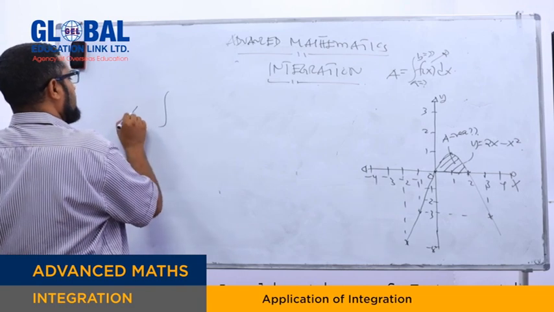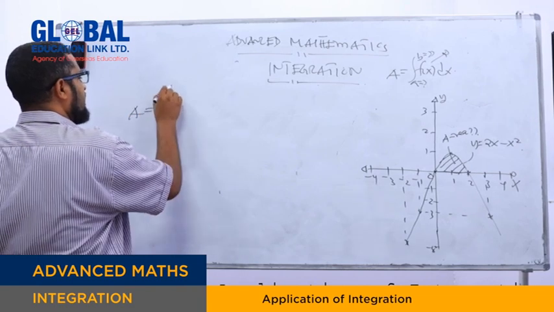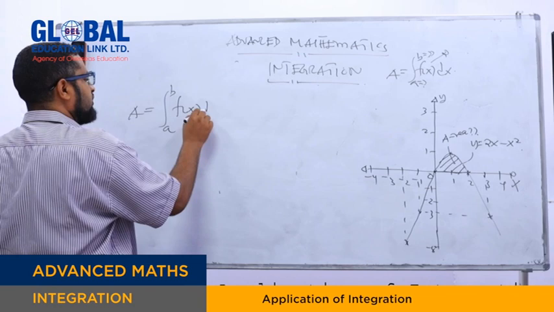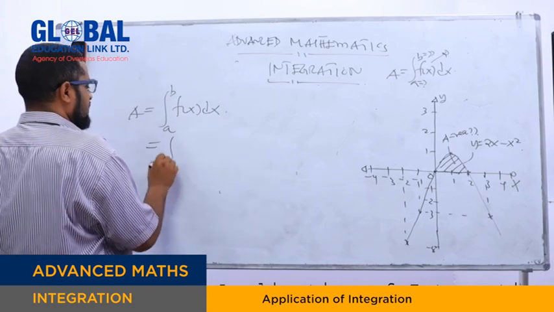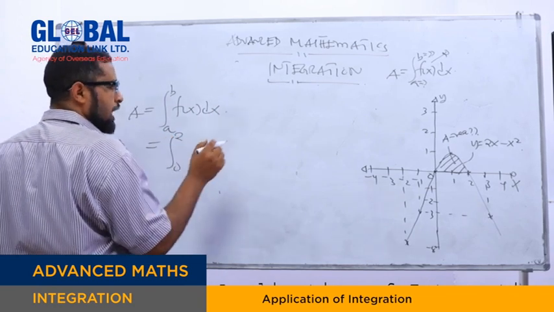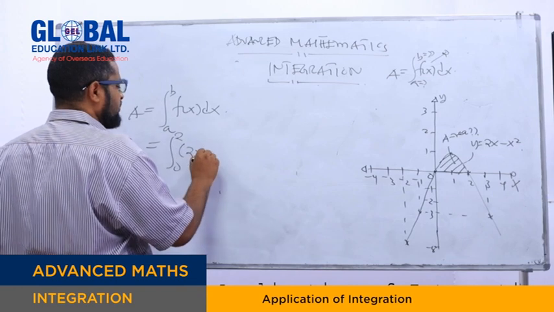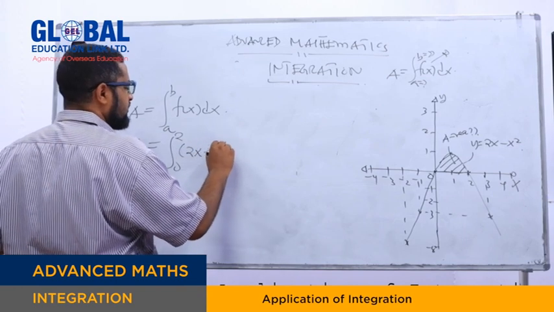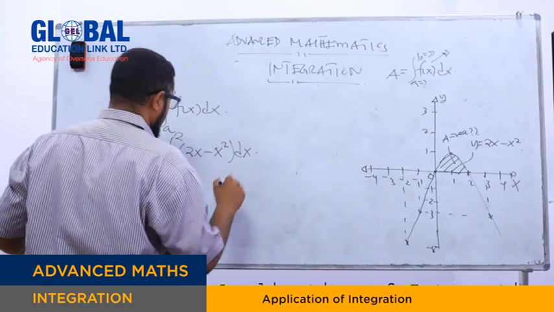Now the area is given by the integral from a to b of f of x dx, from 0 to 2. Our function is 2x minus x squared dx.